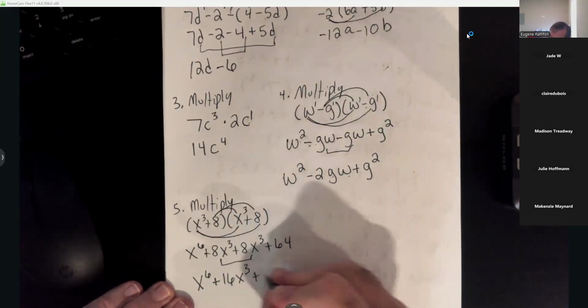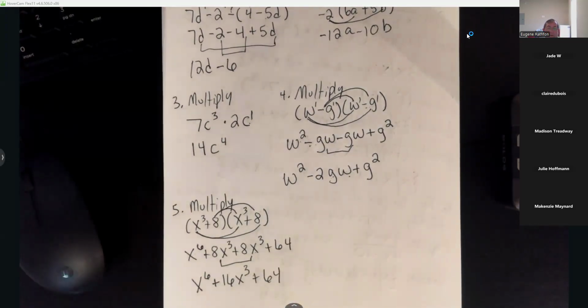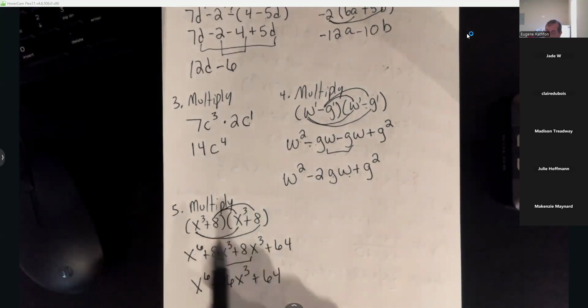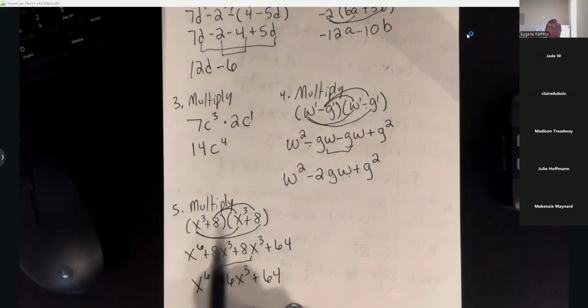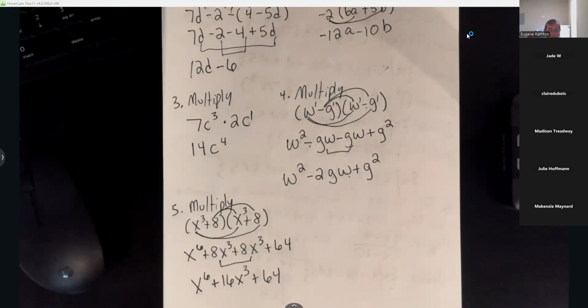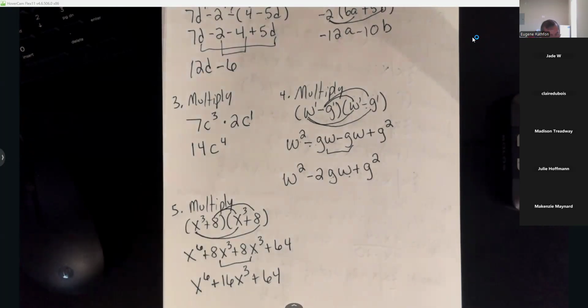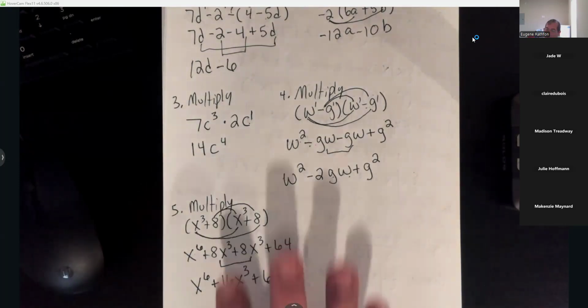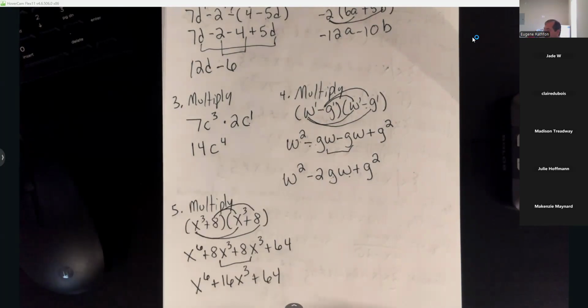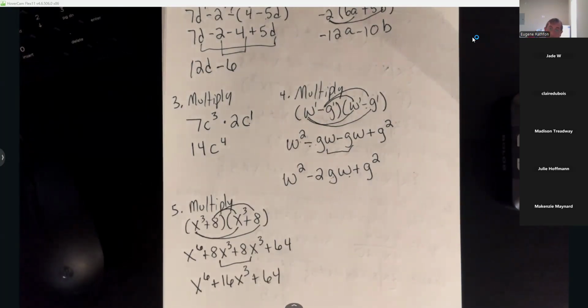And then at the end, bring down your 64. Just remember, the only time you can change the exponents is when you multiplied. When you're adding, they gotta stay the same on those exponents, okay? All right, y'all, questions on that? So this support was just to get you ready for 2.4, where you had to do all that multiplying and adding and subtracting and all that fun stuff, okay?